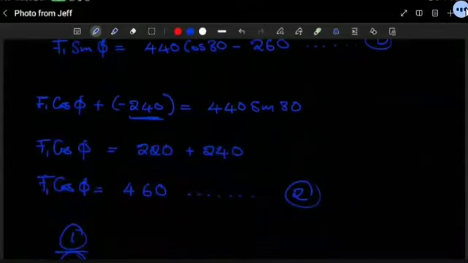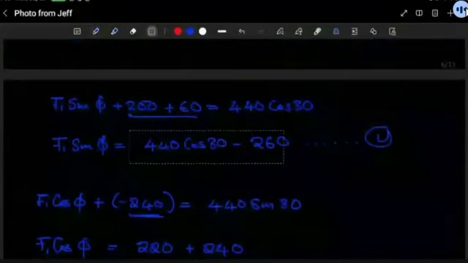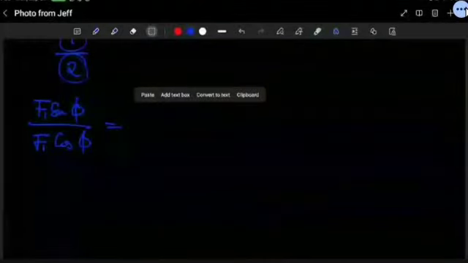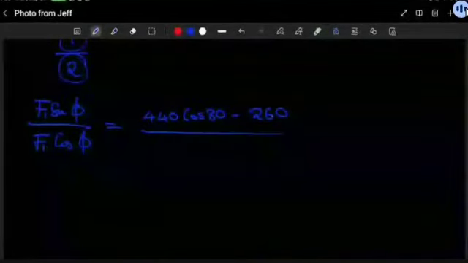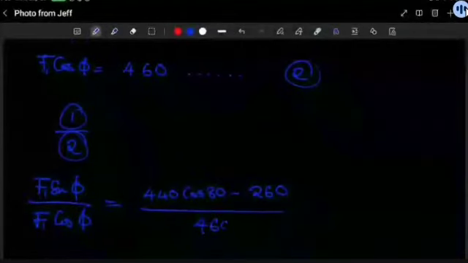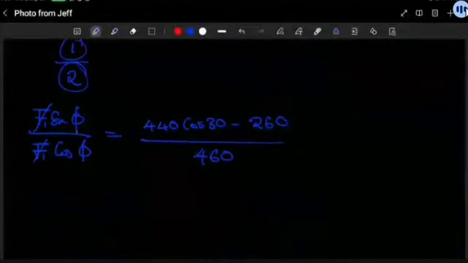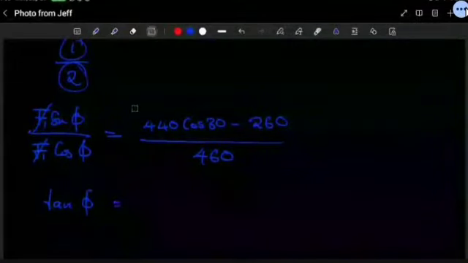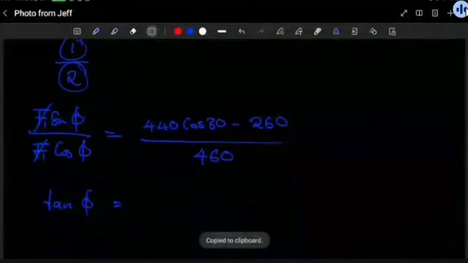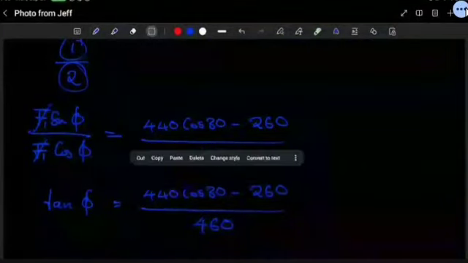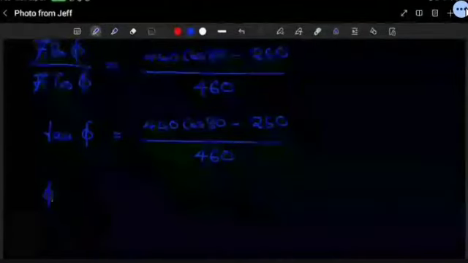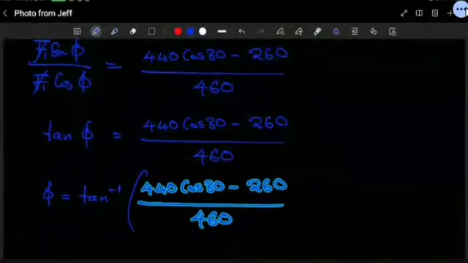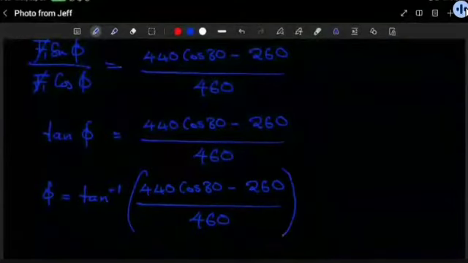On the right-hand side, you will have this from equation 1 and from equation 2, you have 460. Here it's completely up to you how you simplify it. F1 cancels, sine over cos is tan, equals this. I'm just avoiding dealing with decimals there, so I'm keeping the whole thing. And then finally, phi will be tan inverse of this. So what would be phi?